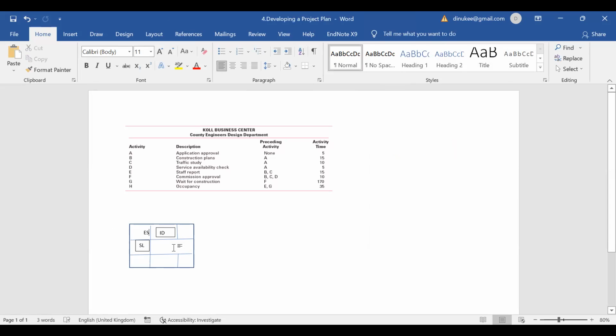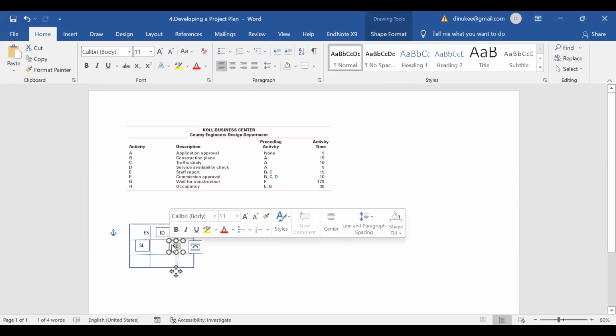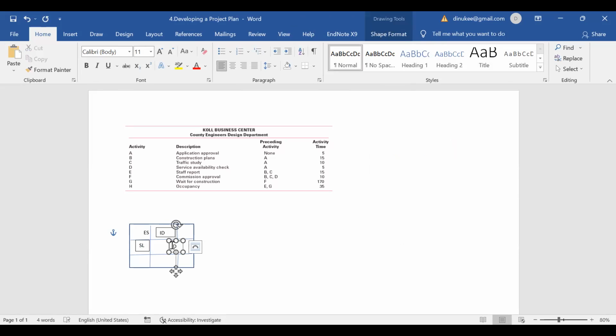Likewise, in here you have to put the description that you have got for each of these things. And for this column you have to put your late start time.